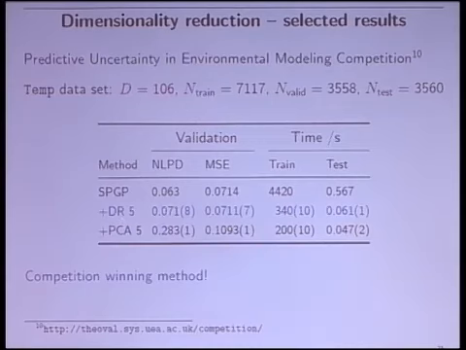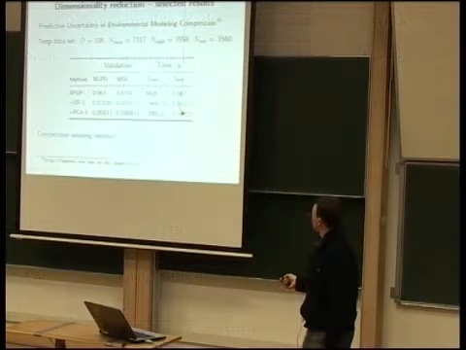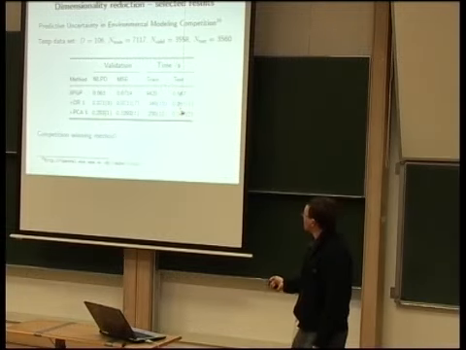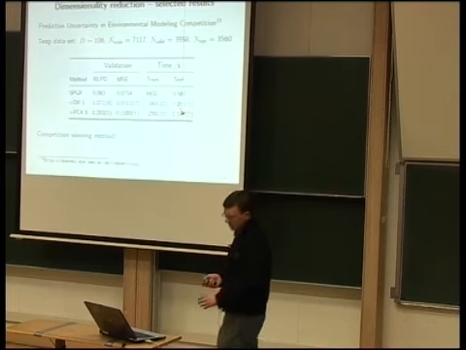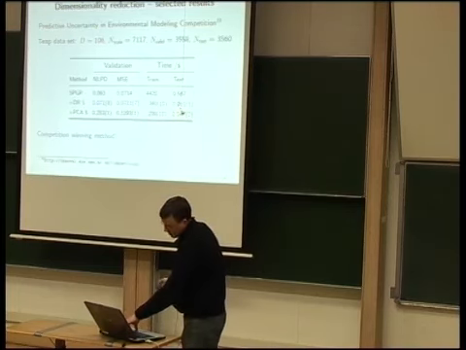But if we project down to, in this case, just five dimensions, and we learn that linear projection, we get very comparable error rates with a much reduced training and test cost. And just for comparison, if you did just do a PCA pre-processing and then did a Gaussian process on top of that, you don't do nearly as well. And we did actually use this to win this particular competition, or this data set.